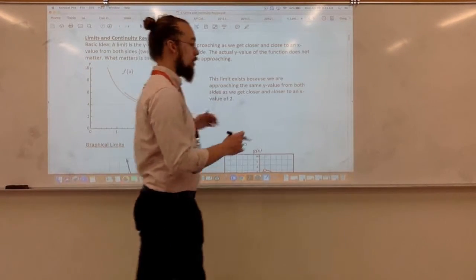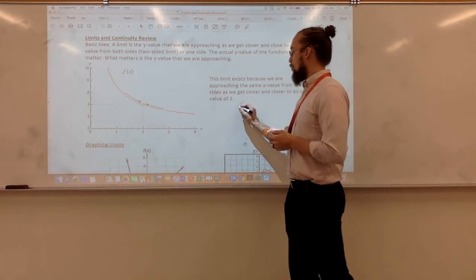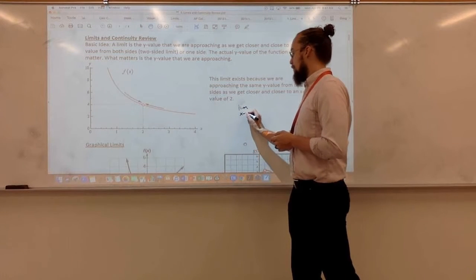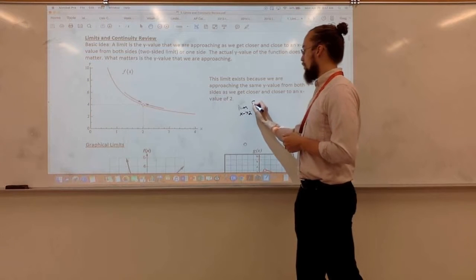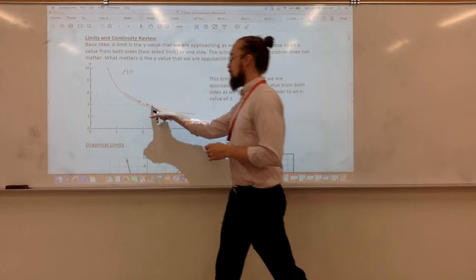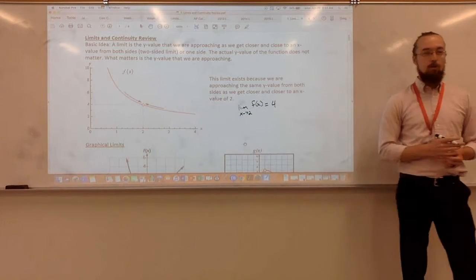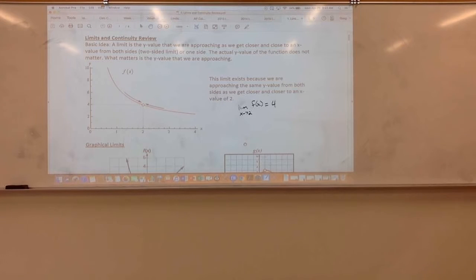Even though there's a hole there, we are approaching the same value from both sides. So the limit as x approaches 2 of this function is equal to whatever y value is getting closer and closer to. In this picture, we're getting closer and closer to 4. And so the two-sided limit in this example exists.